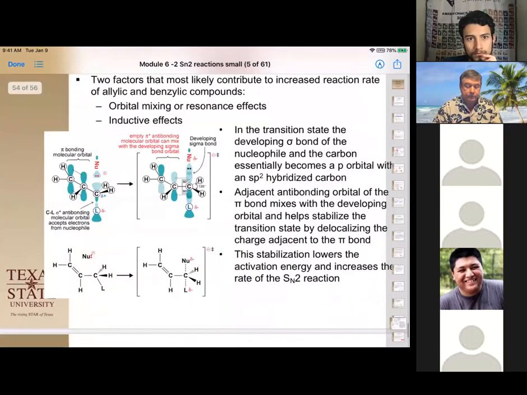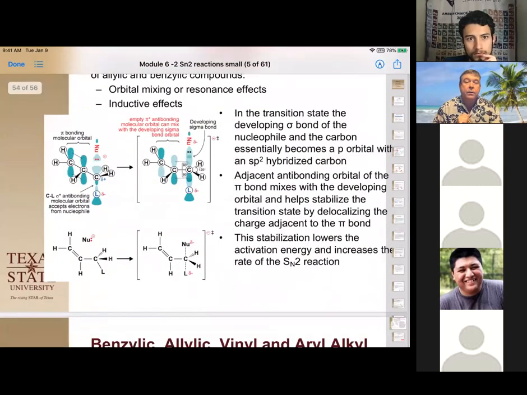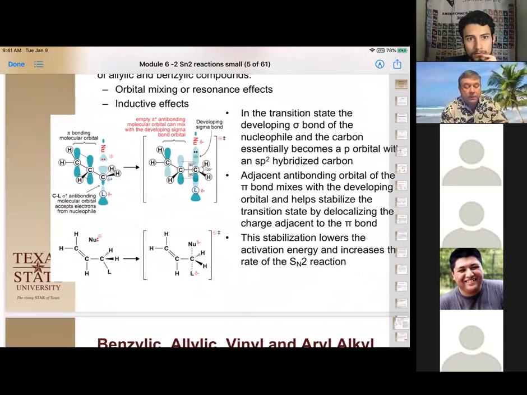And that has everything to do with, remember, in our transition state here, we're moving our sp3 hybridized tetrahedral carbon into a trigonal planar carbon. When it's in that trigonal planar state, those pi clouds can help stabilize it.